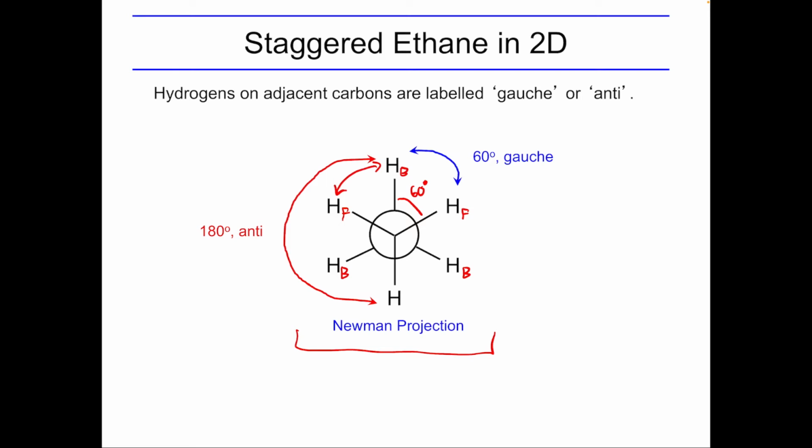On the opposite side of that back carbon, there's another front hydrogen down here, which is pointing in the exact opposite direction. This is pointing straight down from the central carbon, and HB is pointing straight up. The bond angle between those is 180 degrees. We would say the relationship between HB and HF that are circled is anti, 180 degrees apart from each other.